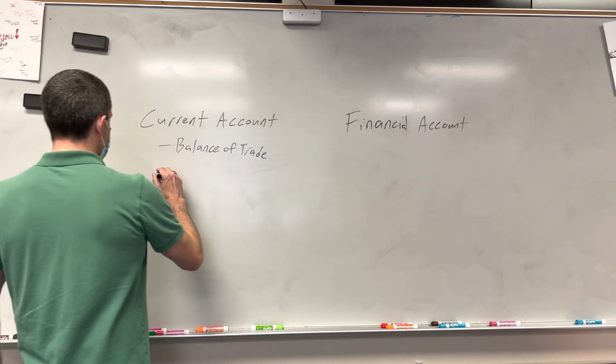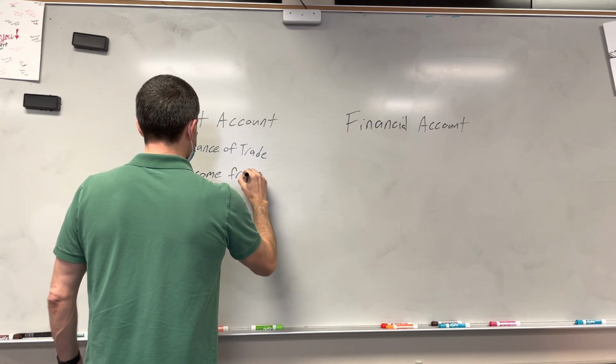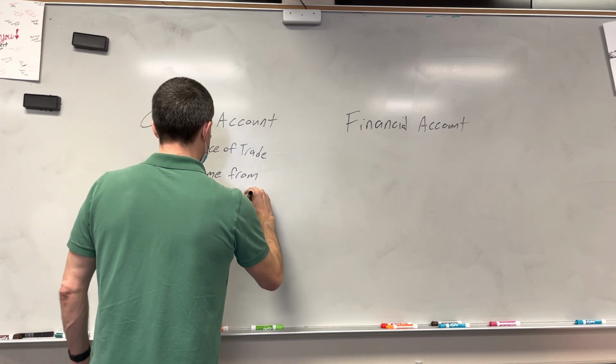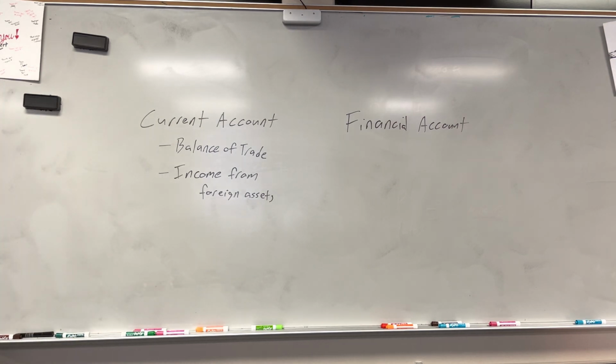Okay, so we got that. We have income from foreign-owned assets. So if I own bonds from another country, or stocks from another country, or I own a factory or an Airbnb in another country, and I get income from any of those assets, that would be a credit to the current account.